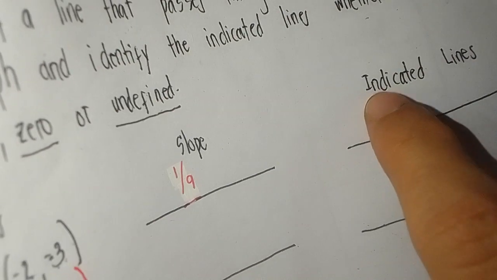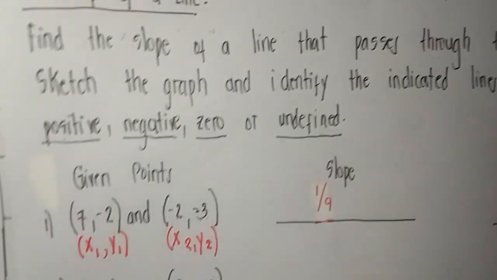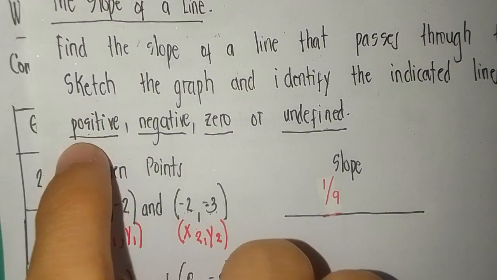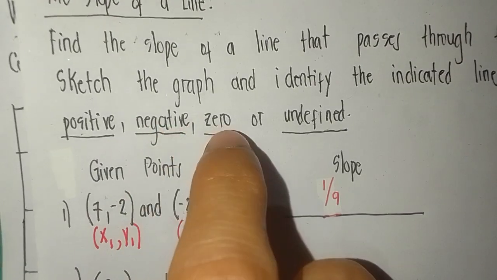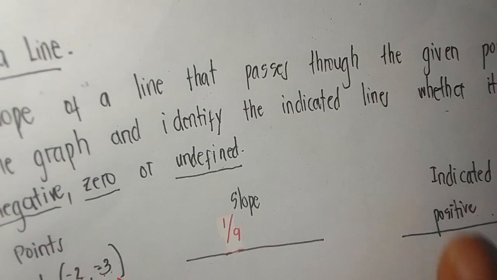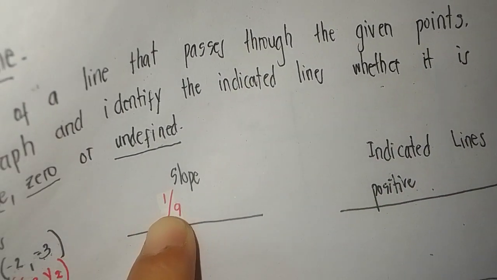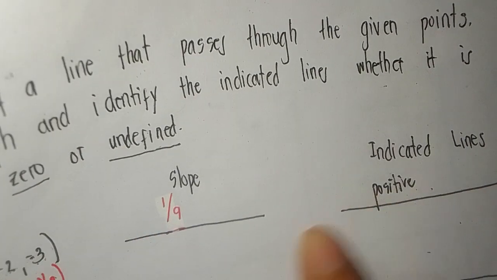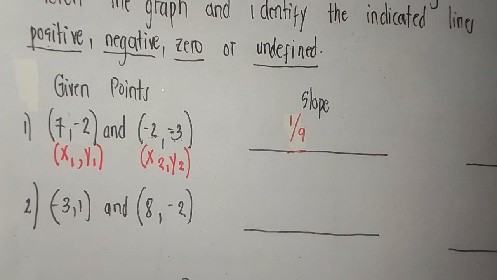Again, in answering the indicated line, based on the instruction, you have to choose if the slope is positive, negative, 0, or undefined. That is what you will answer for the indicated line. So, it is positive. It is clear because our slope is positive. So that is the second part of your exam.